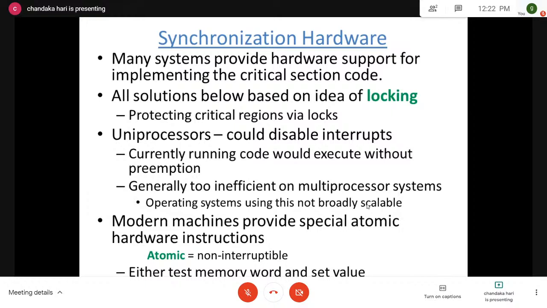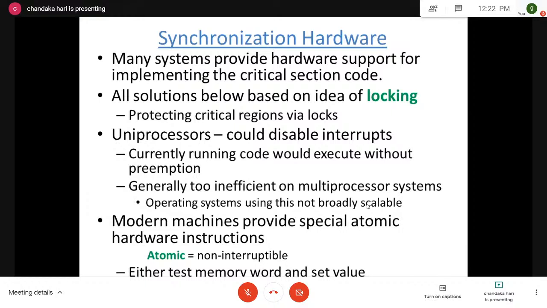Non-interruptible. Please remember this: atomic means non-interruptible. At a time, it can be accessed by only one person. The word atomic stands for non-interruptible. That is, at a time, only one person can be eligible for accessing such a resource.